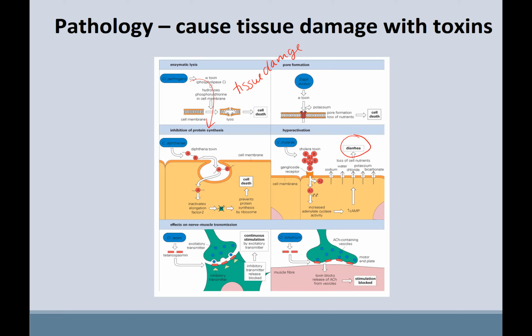Some toxins may cause something like diarrhea. Diarrhea is really massive water loss. This is a way for the bacteria to make sure it gets out and hopefully to a new host.